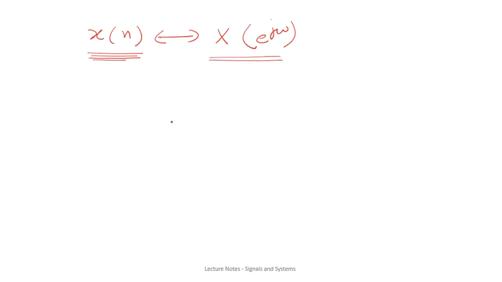Symbolically, as we did for the continuous time Fourier transform, we can also use this kind of notation for the discrete time Fourier transform. So this is any given discrete time signal, and this represents its discrete time Fourier transform. Generally this Fourier transform, X of e raised to the power j omega, is a complex function of the variable omega.